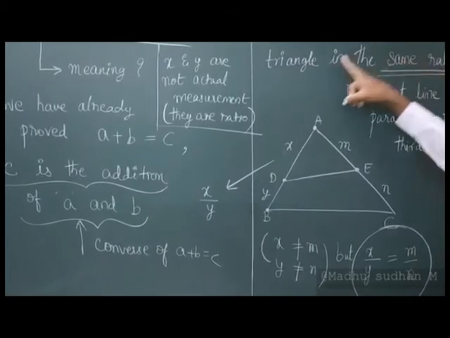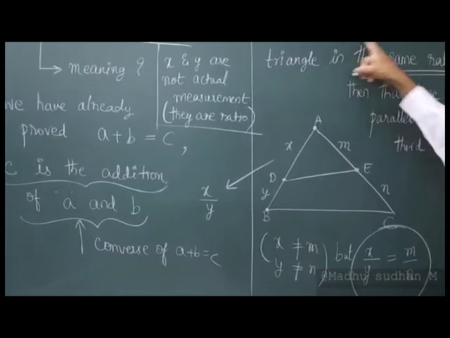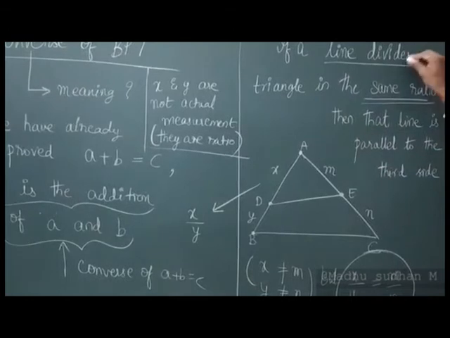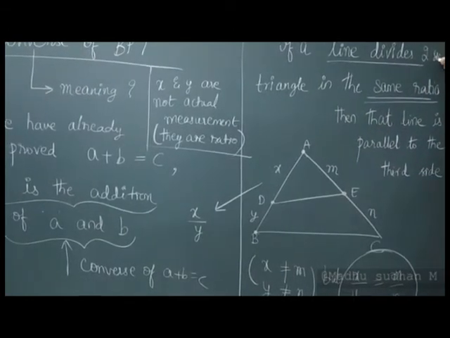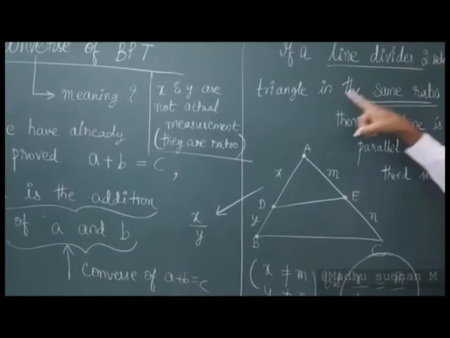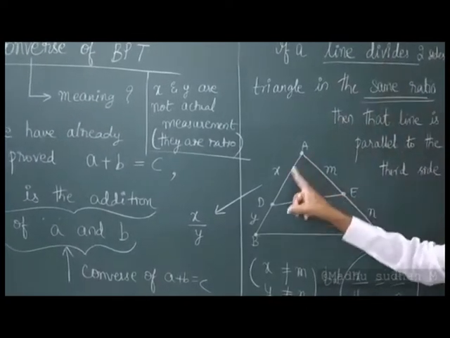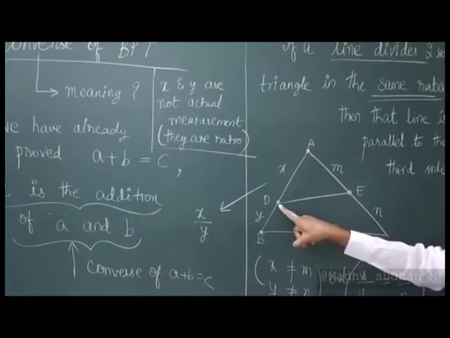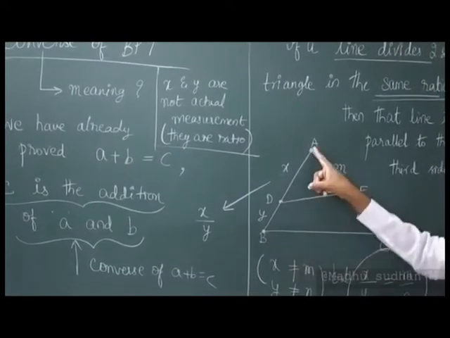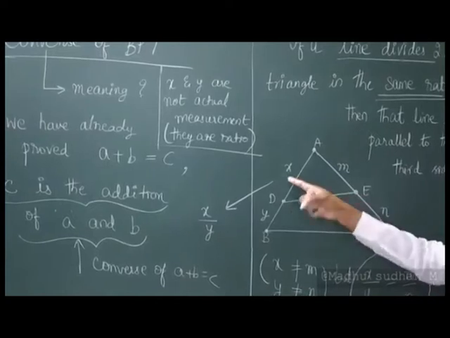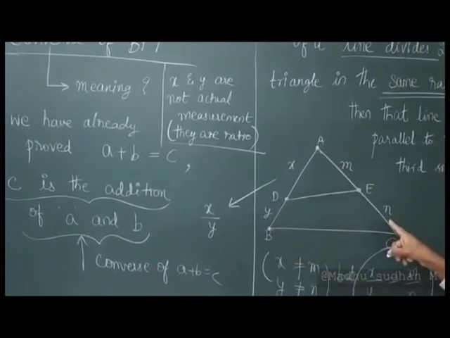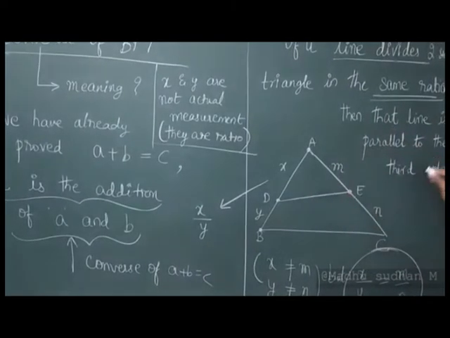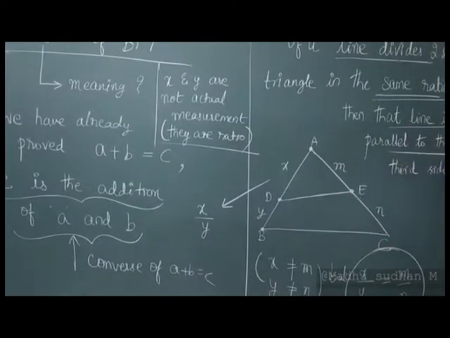So if a line divides two sides of a triangle, so which are the two sides here? AB is one side and AC is one side. So this line has divided AB and AC in the ratio X by Y, M is to N, in the same ratio. Then that line, which is DE, right? So then that line is parallel to the third side.